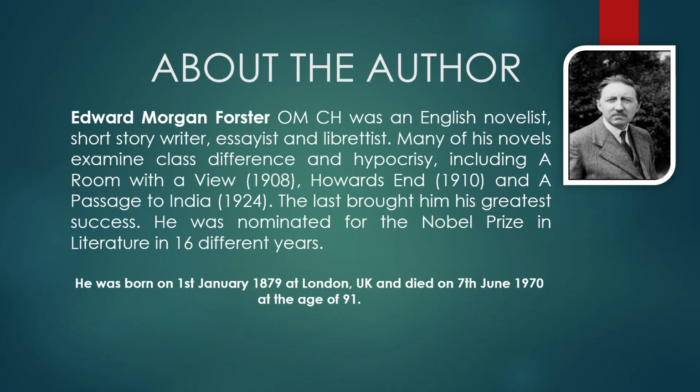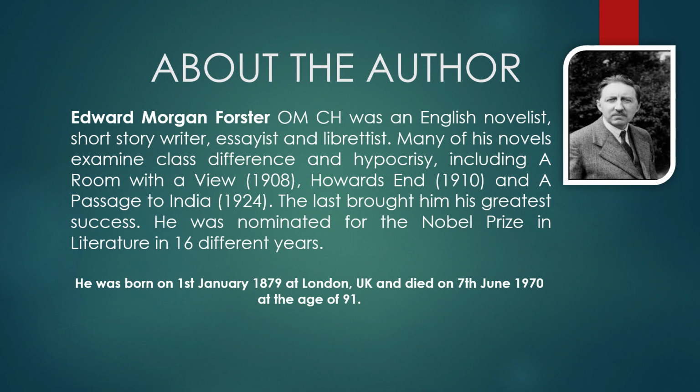About the author. Edward Morgan Forster, OM CH, was an English novelist, short story writer, essayist, and librettist. Many of his novels examine class difference and hypocrisy, including A Room with a View, 1908, Howards End, 1910, and A Passage to India, 1924.